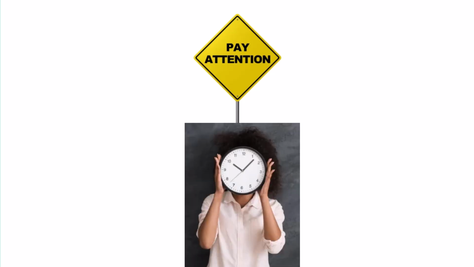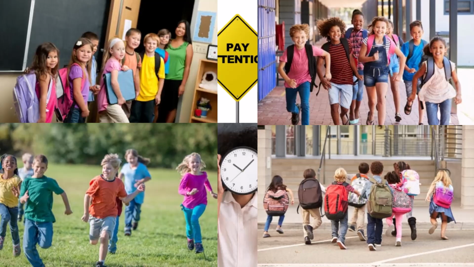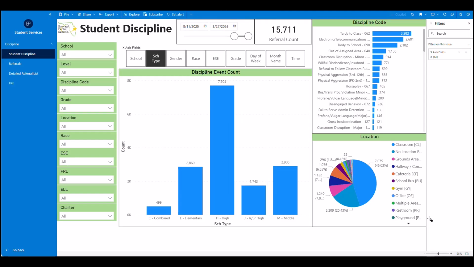Pay particular attention to time corresponding to transitions, such as transitions between class, transitions to and from lunch or recess, or to dismissal. To examine the who, we will need to navigate to the Referrals Dashboard.